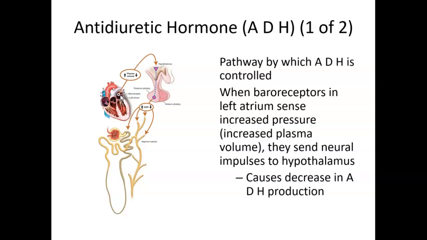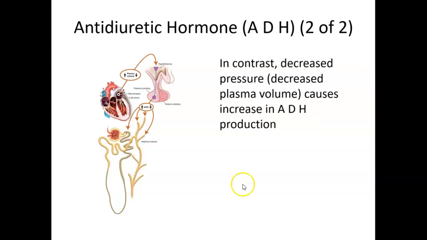I'm going to be excreting more and more fluid to try to lower the volume in my blood so that these baroreceptors aren't triggered anymore by that increased pressure. In contrast, when it senses low volume or decreased pressure in that left atrium, it's going to cause an increase in ADH production so that I retain more of that fluid and don't excrete it from my body as much.